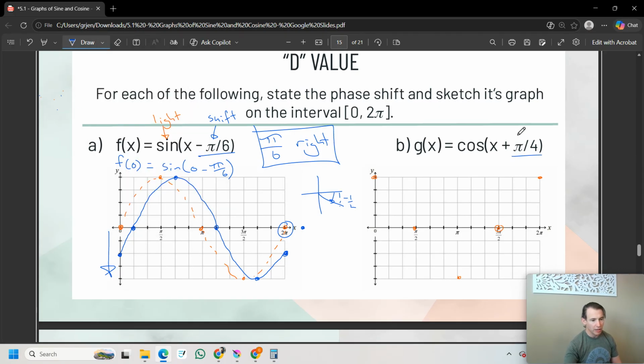This one is pi by 4 left. So pi by 4 is half of pi by 2, so this one goes left there. This one goes here. This one goes here. This one goes here. And then we're going to finish in the same place we start, but where do we start?